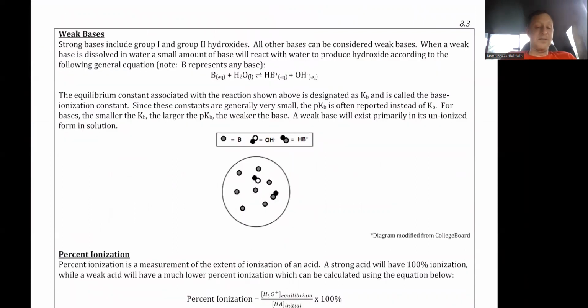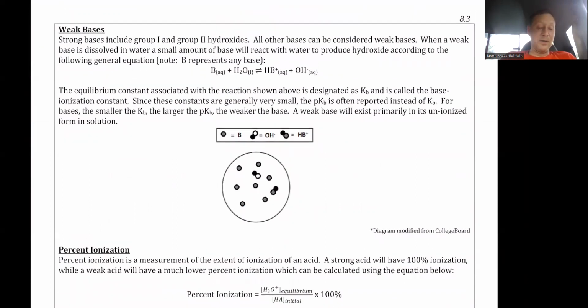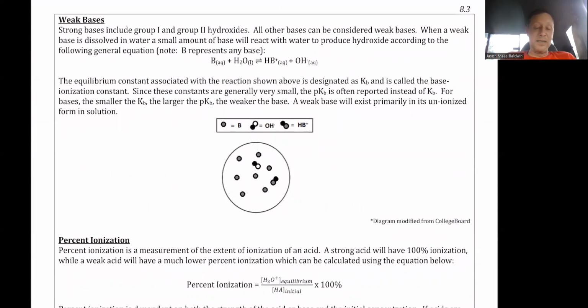So weak bases, those are anything that isn't a strong base. And so we can write out the dissociation of a weak base like this, where B is the base, and Kb in this case is equal to HB+ times OH-, where the HB+, if you think about that, that's just the conjugate acid, and then this is the base, right?